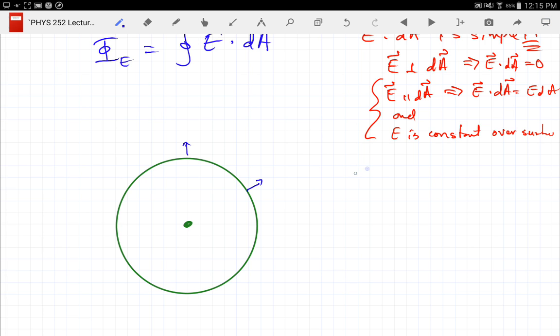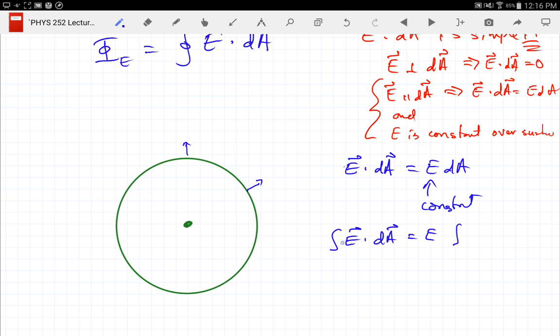So E dot dA is equal to EdA, where E is constant, so the integral of E dot dA just becomes the constant times the integral of dA. Because E is parallel to dA, it's just E times dA.